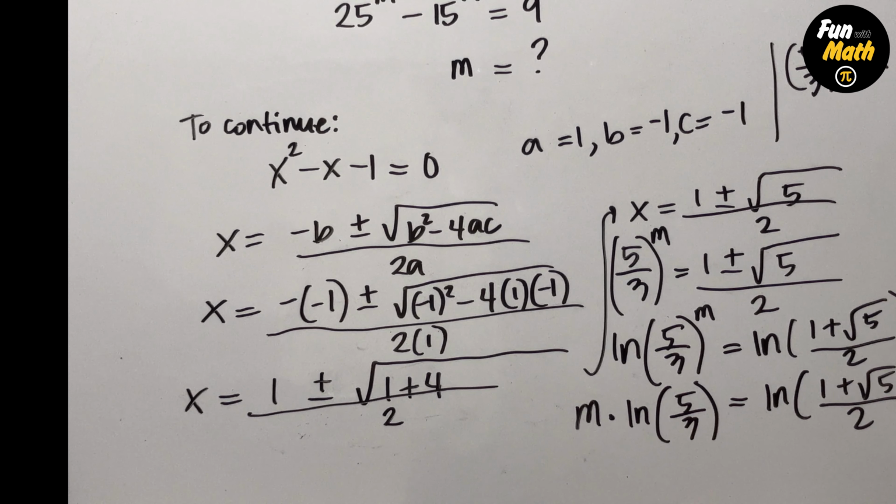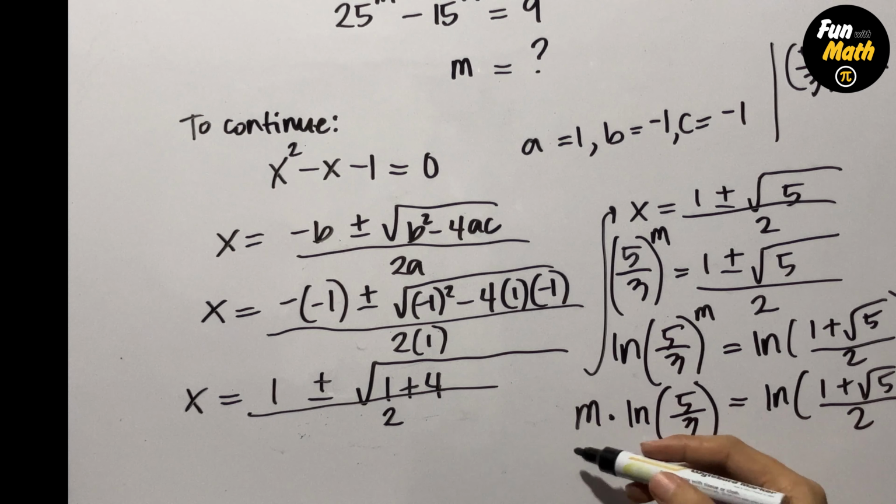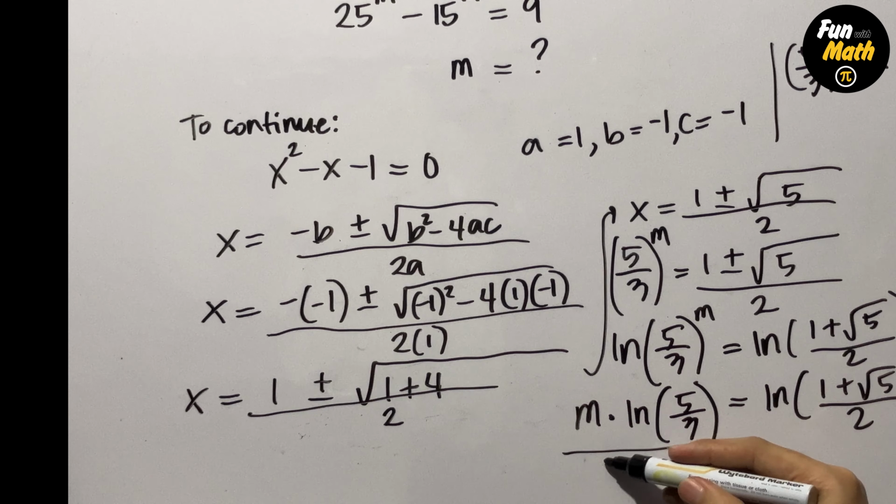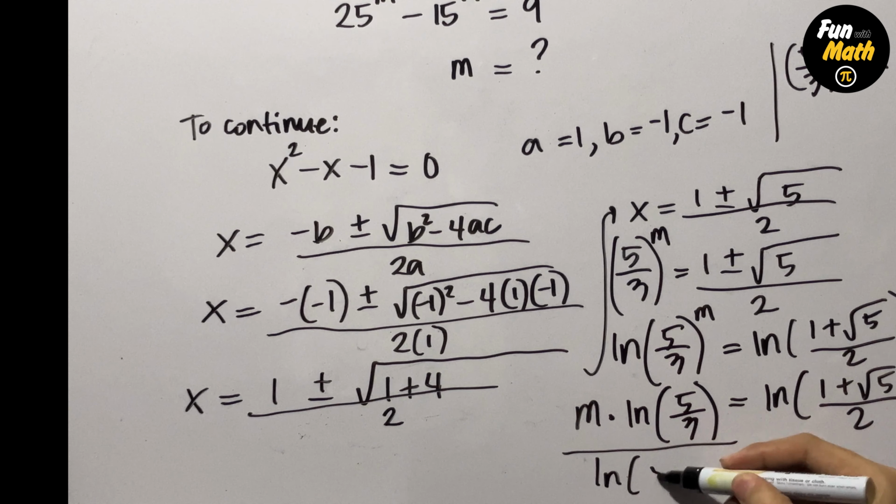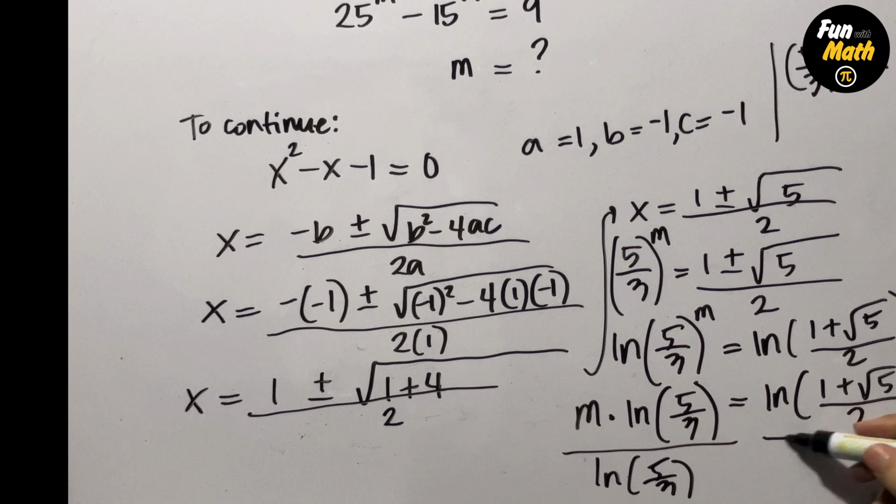Now next, we need to remove ln 5 over 3 here and transfer it to the other side. So what we are going to do? We need to divide both sides by ln 5 over 3.